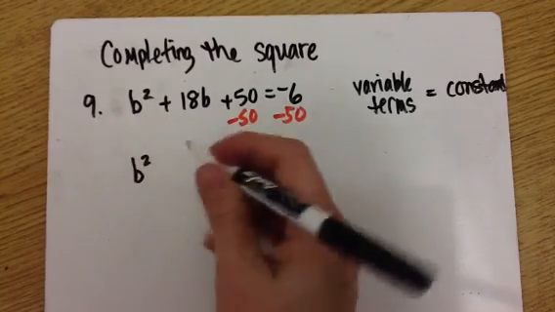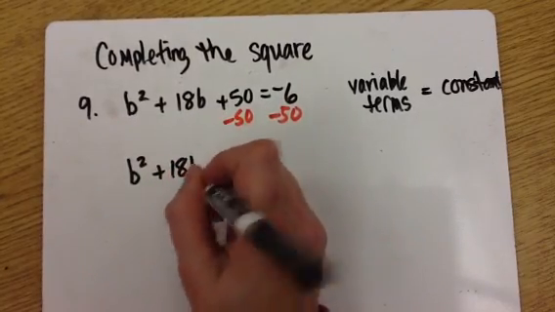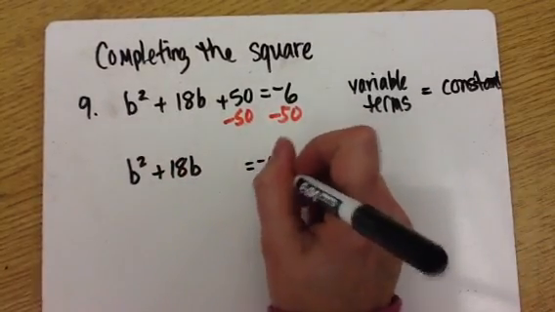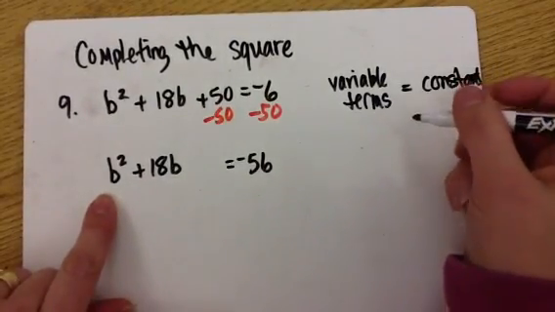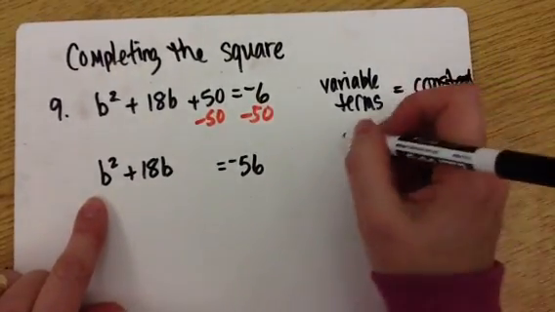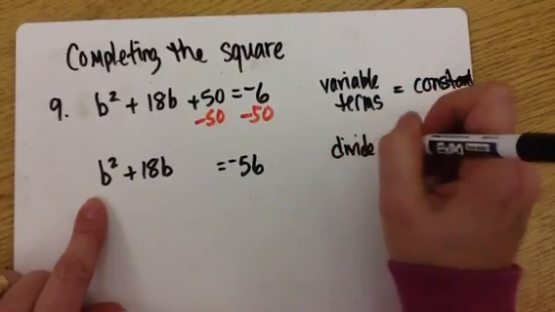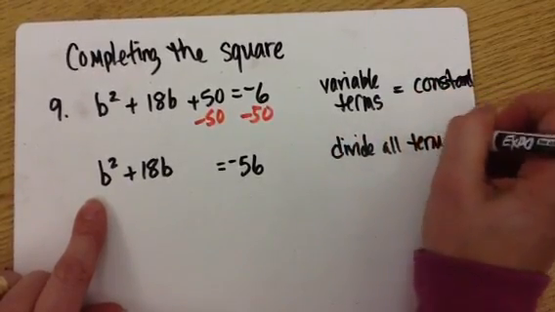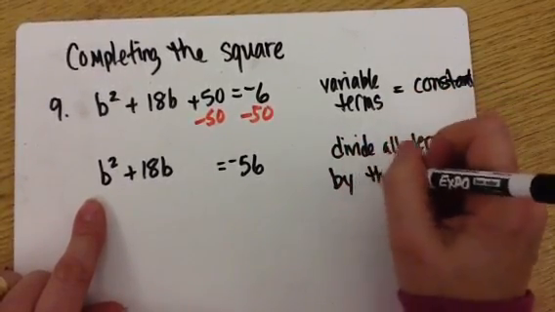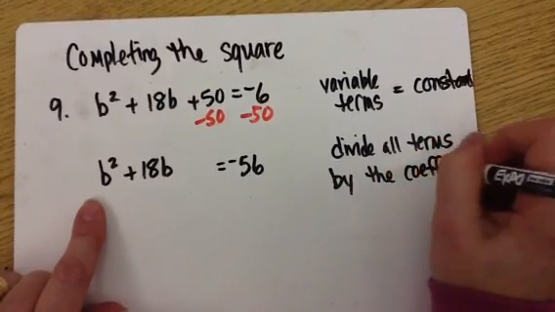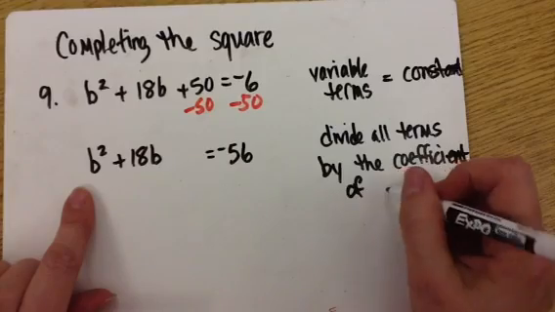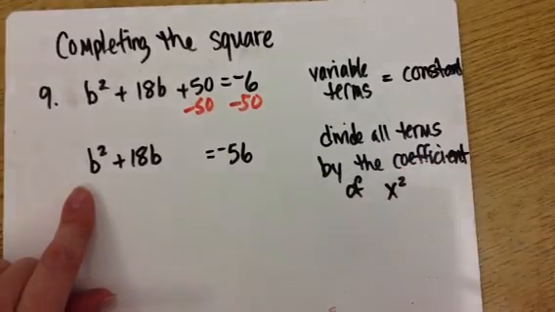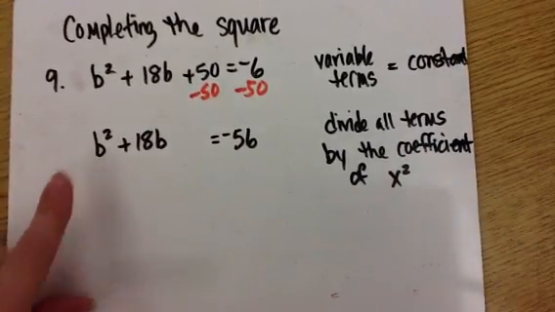So we have b squared plus 18b equals negative 56. And then if we have a coefficient in front of the x squared or the b squared term, we'll need to divide all the terms by the coefficient of the squared term. I'll just put x squared, but it could be any letter.